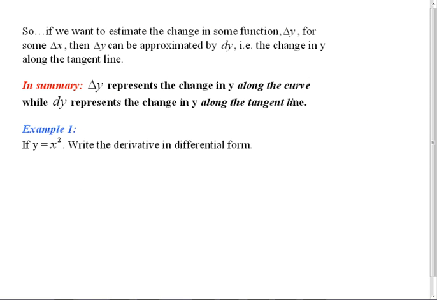Okay, on the bottom of your first page, if we want to estimate the change in some function, that's the actual change in the function. And I'm going to change the x's a little bit. We can approximate delta y by dy. And it's usually easy to do the calculus.